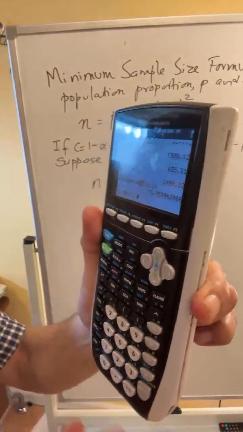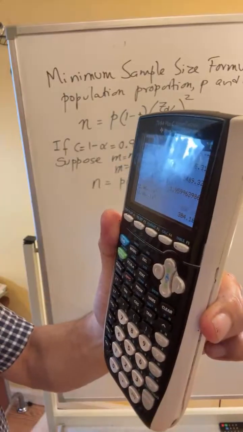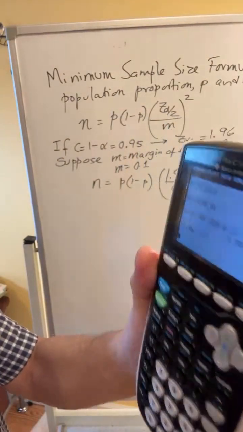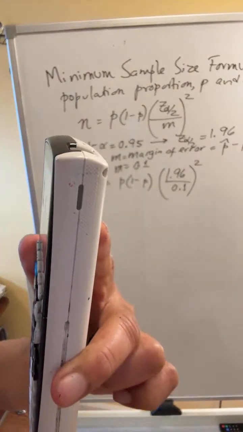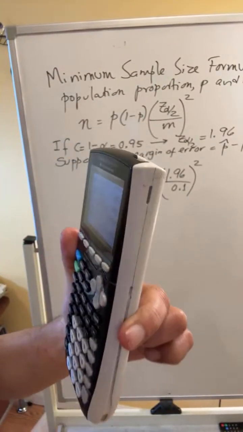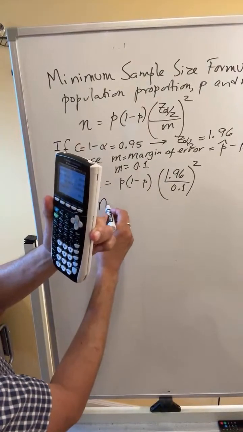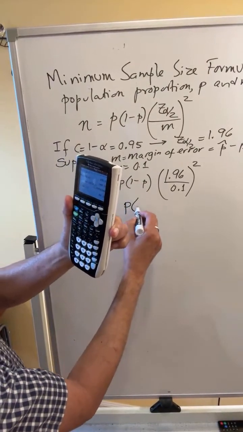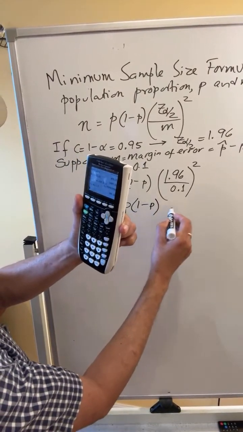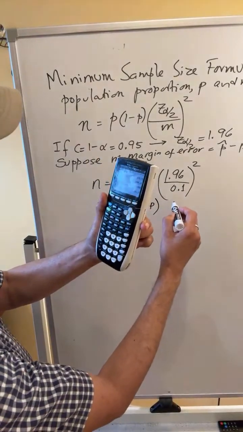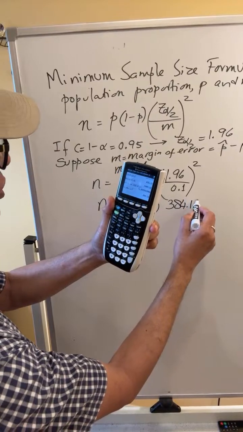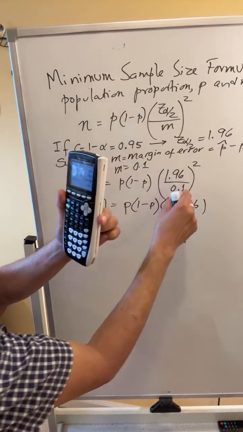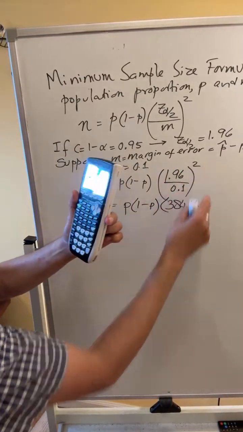I square the whole thing and hit enter. So 1.96 divided by 0.1, squared, is 384.16. So this is n equal to P times 1 minus P times 384.16 for the whole thing in the parenthesis.